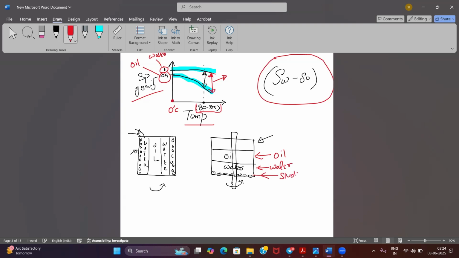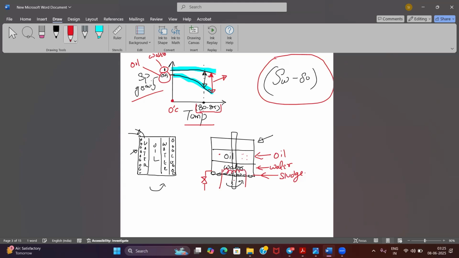I can drain the impurities if I make a drain valve over here, but still there could be some water entrapped in the oil, and that process we can accelerate by adding a heating coil into it.